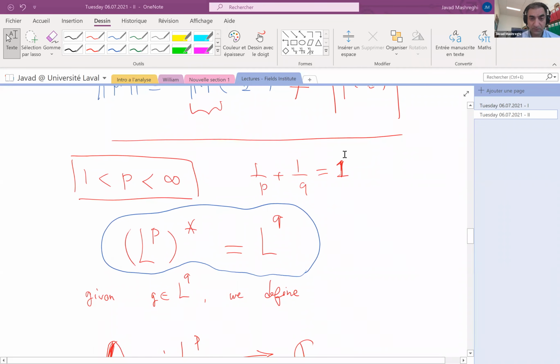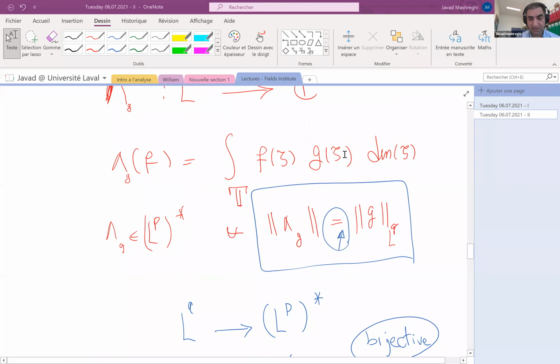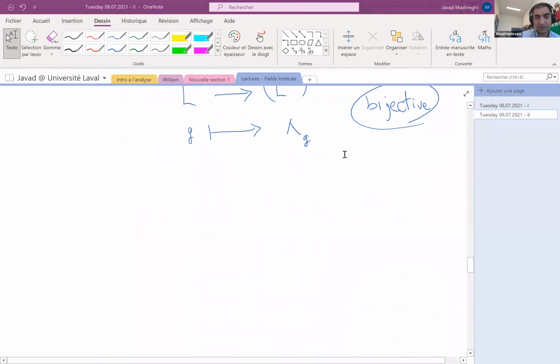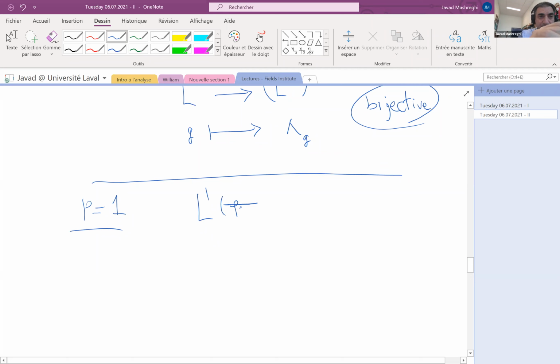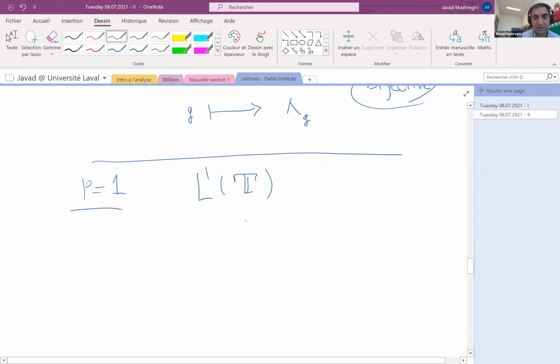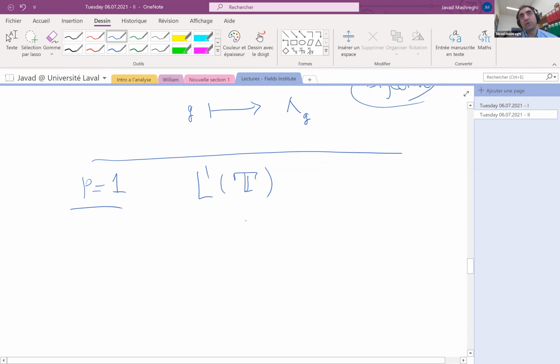This doesn't work for p equal to 1, but what is the remedy? How can we find a solution for that? p equal to 1, I mean L^1 of T. There are two ways to look at elements of L^1.